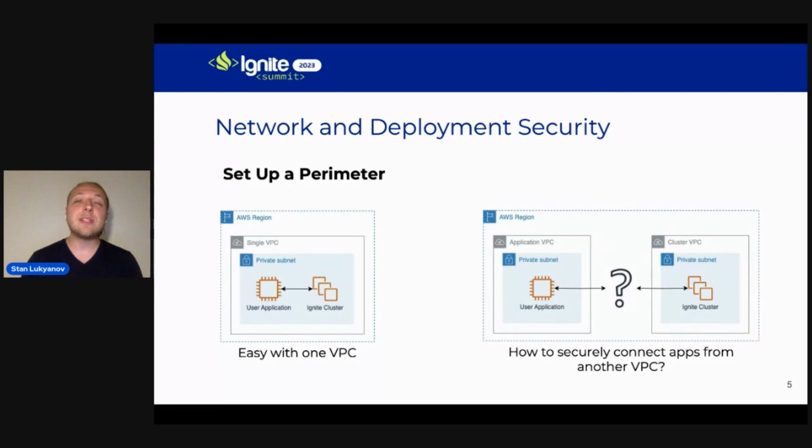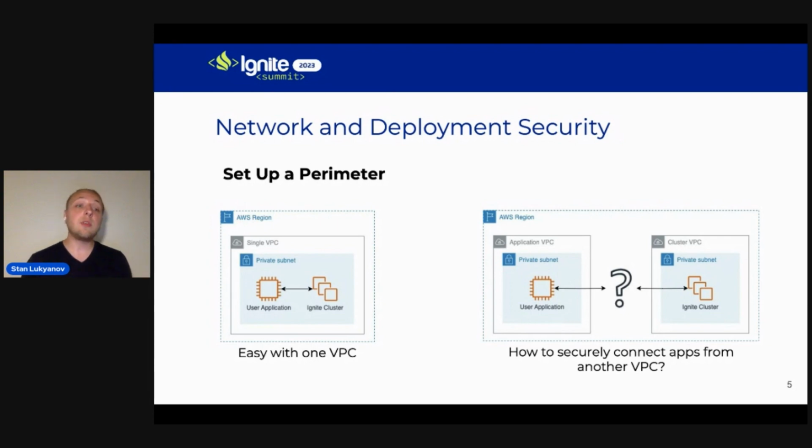In reality, this is often not feasible, not achievable. You will often find yourself having more than one subnet, more than one VPC, or even more than one region, either because you're trying to split between different regions for high availability, or maybe because your applications and your Ignite clusters are actually managed by different teams, maybe different departments, and they normally deploy to different VPCs.